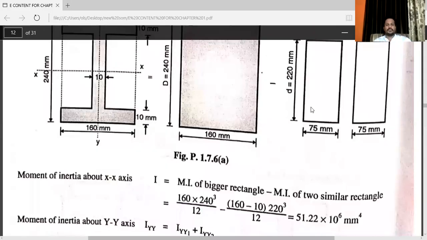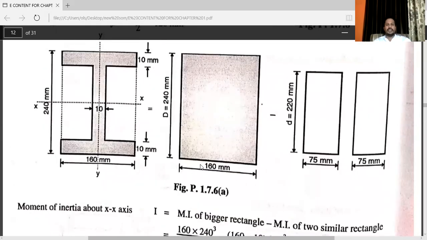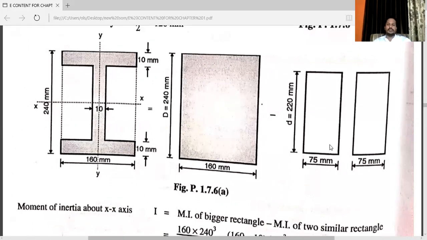So the bigger rectangle dimensions are 160 base and depth is 240, and here the base is 75 and depth is 220. Because the total distance is 240, the top flange depth is 10 and the bottom flange depth is 10.